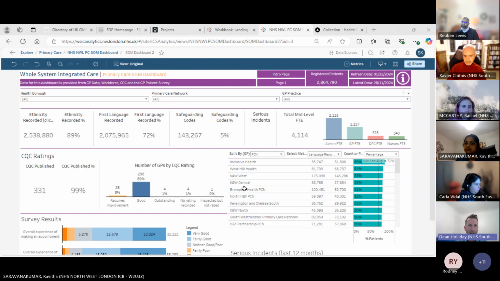This is how we can influence individual direct care. We can get down to that level. You can access that level of information, etc.